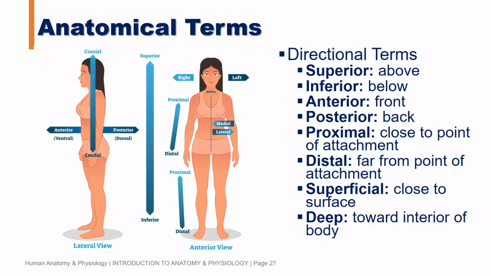Then you have proximal, which is close to the point of attachment, and then you have distal, which means it is far from the point of attachment. Then you also have superficial, which means close to the surface, and deep, which is towards the interior of your body. Don't be confused by these terms. I will be giving you examples and a summary later.